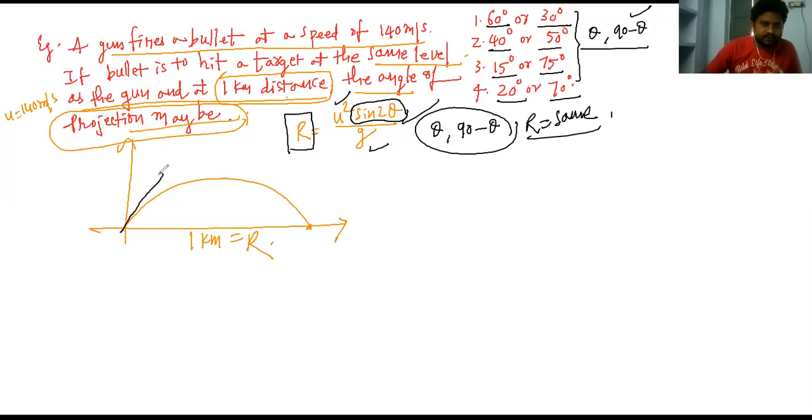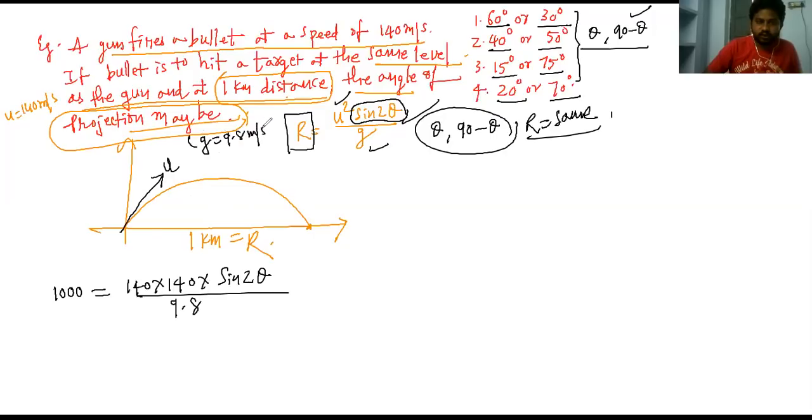So initial velocity is there. Let's write range 1000 meters is equal to u square, 140 into 140 into sine 2 theta divided by 9.8. And I forgot to write in the question, they gave, take g value as 9.8 meter per second square. Here the 1 0 and the point cancel.